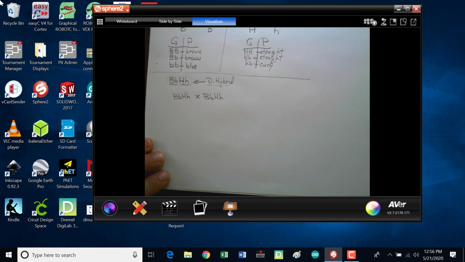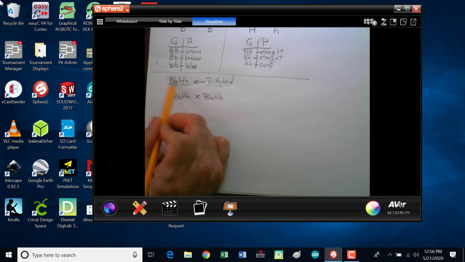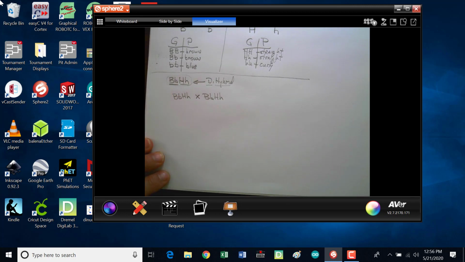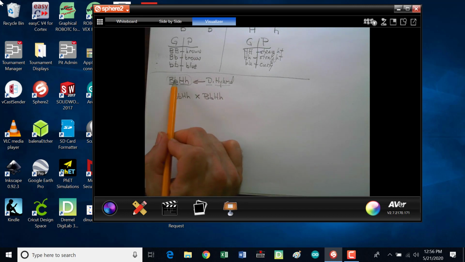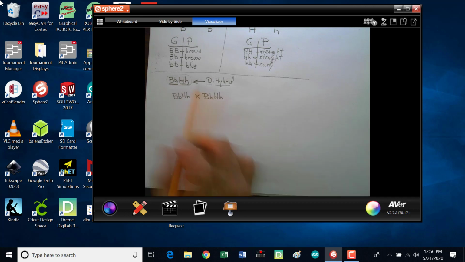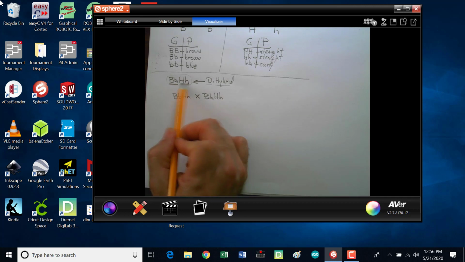Now, before I go forward, I want to point out something really important. These genes here, these two letters, represent a homologous pair. And when a person sexually reproduces, the first thing they do is make gametes through the process of meiosis. And meiosis will choose one of this homologous pair to put into the gamete. But it does that for every homologous pair. So this is a second homologous pair here.